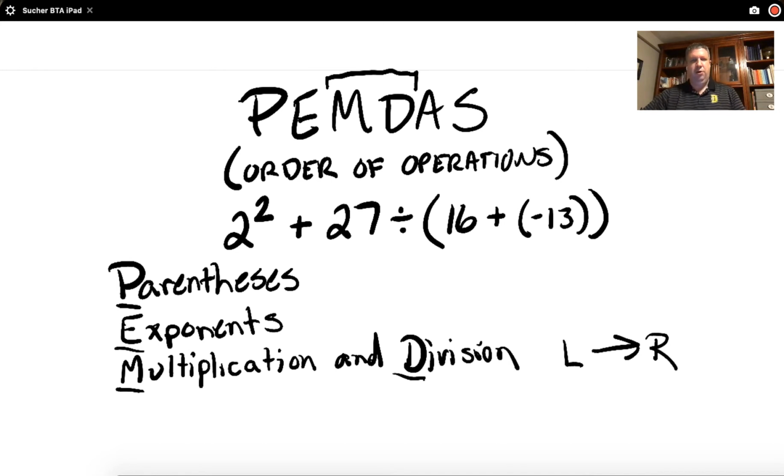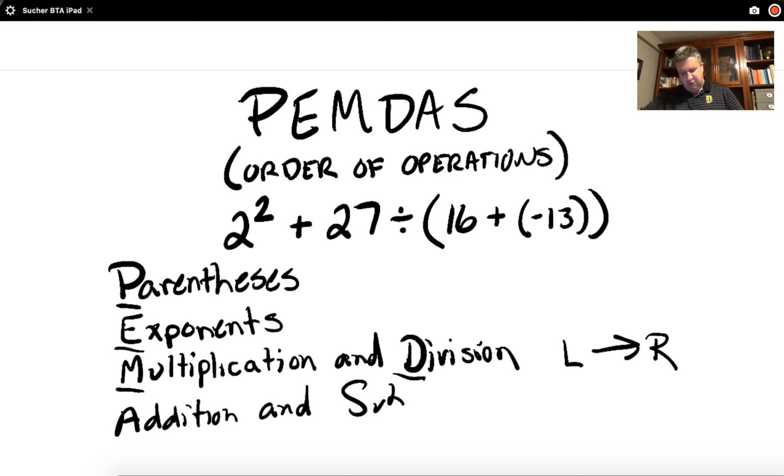And so if you have nothing but a string of multiplication and division, you would start on the left and do things in order toward the right, just like we read in the English language. And then the A and the S, as you might already know, stand for addition and subtraction.